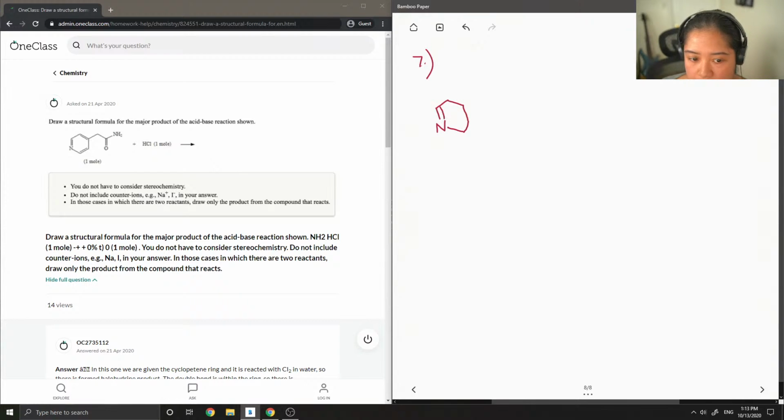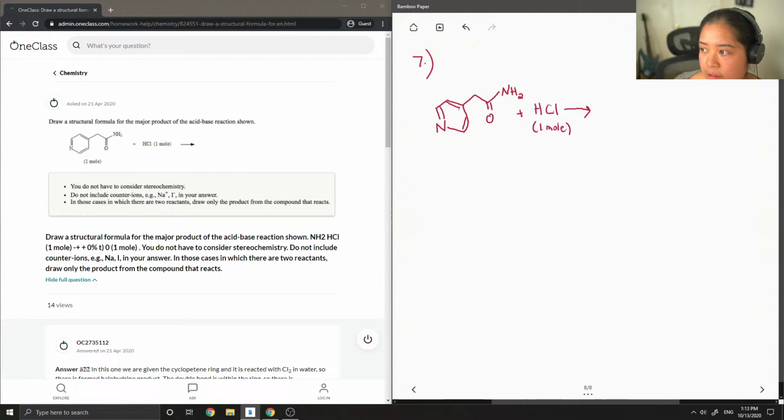That looks weird, but so basically we have this molecule reacting with only 1 mole of HCl. So this is an acid-base reaction.